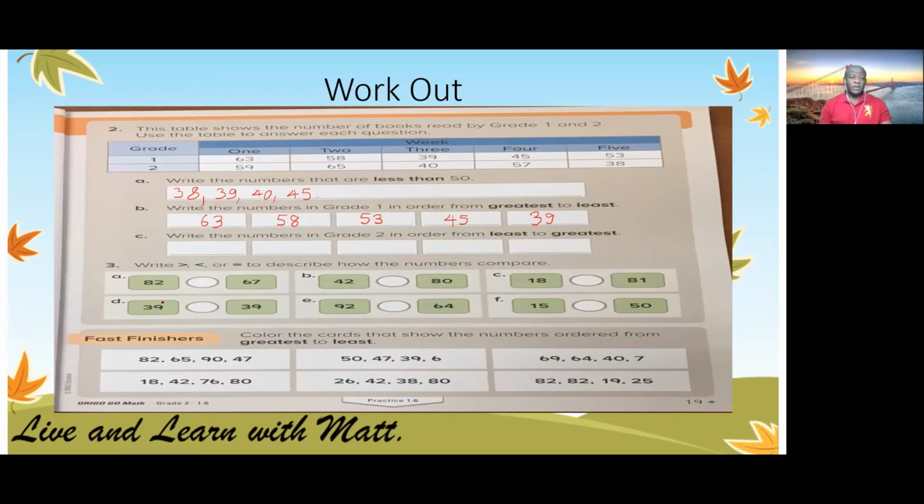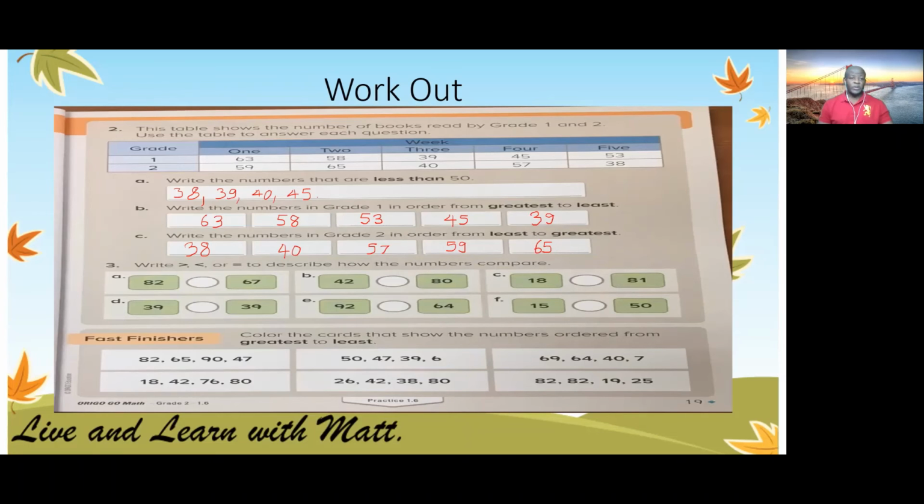Now, part C, write the numbers in grade 2 in order from the least to the greatest. There you go. We have 38, 40, 57, 59, and 65.